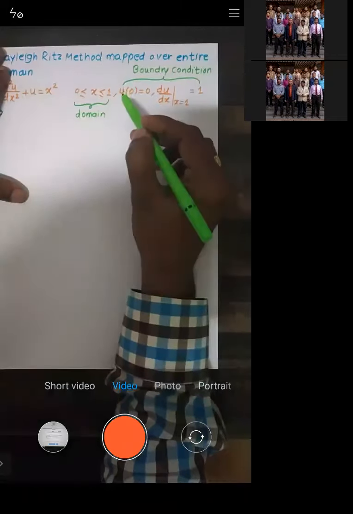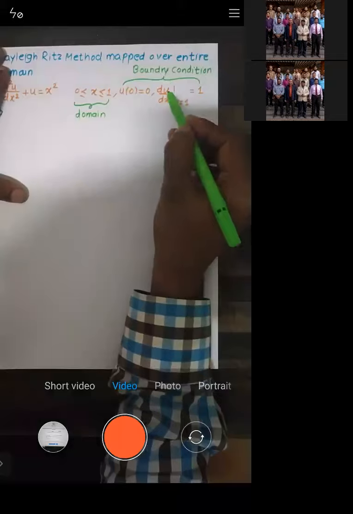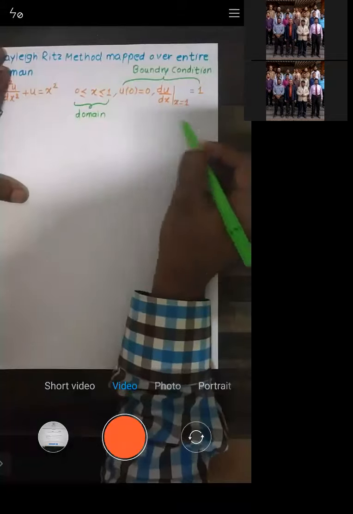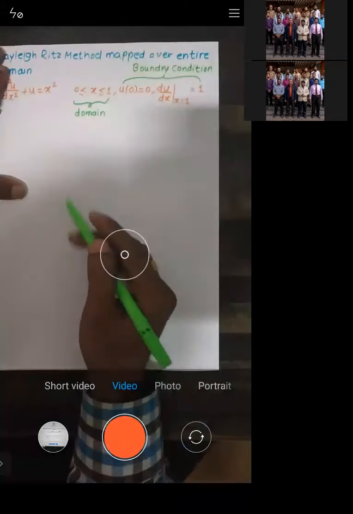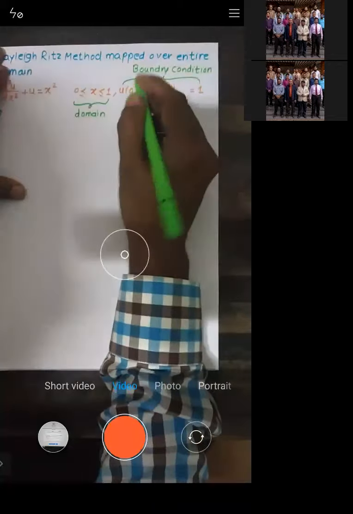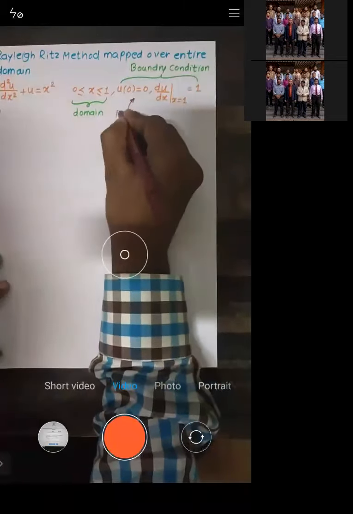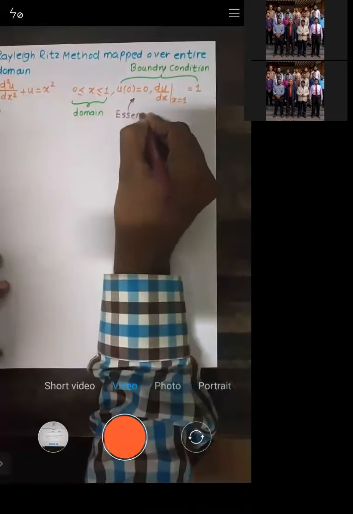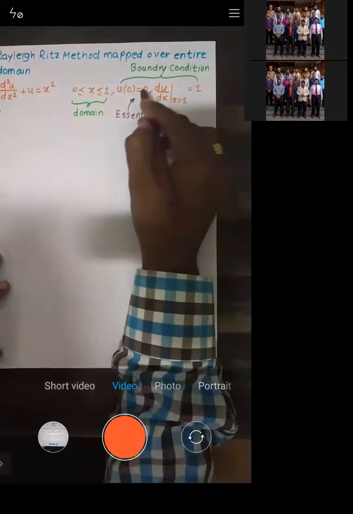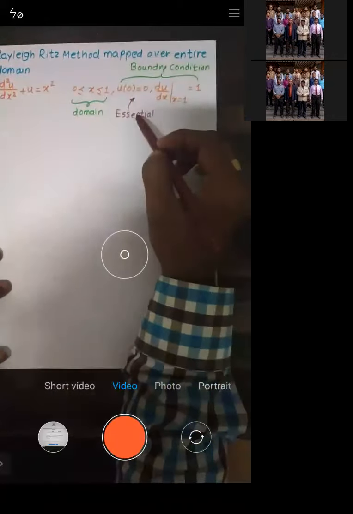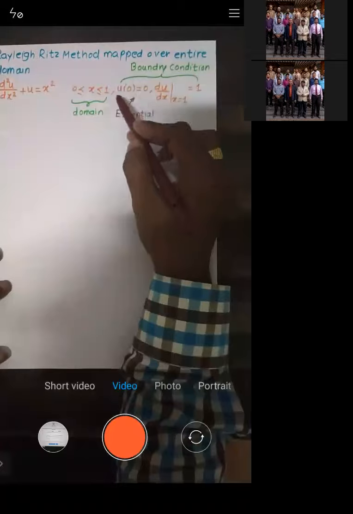If you take the derivative of the primary variable, that is du by dx, it becomes a secondary variable. This particular boundary condition is essential. Both are boundary conditions, but this is essential because this is in terms of u.